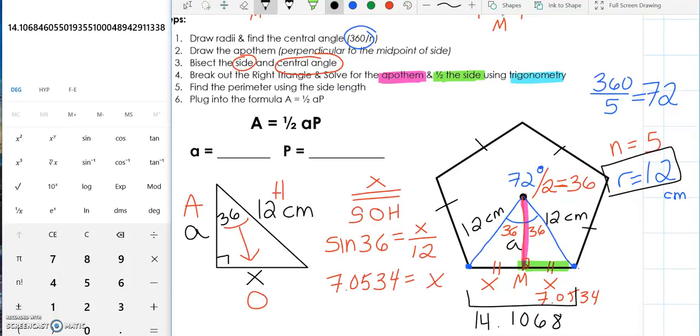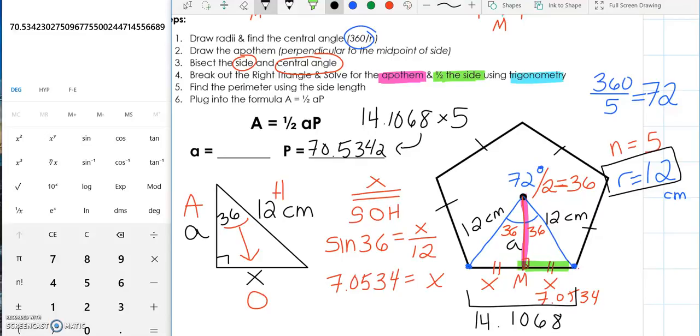They should all be 14.1068. So I'm going to solve for the perimeter really quickly because that number is in my calculator. I'm going to do 14.1068 times 5 because there are 5 sides. And that's going to give me the perimeter. So in my calculator, times 5 equals 70.5342. That's my perimeter.